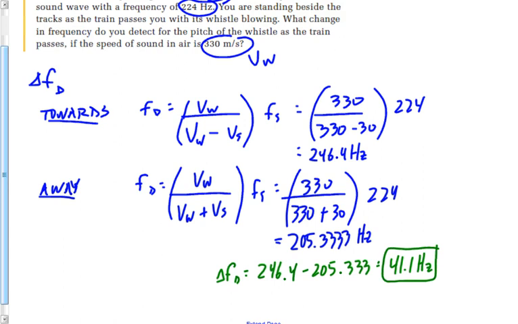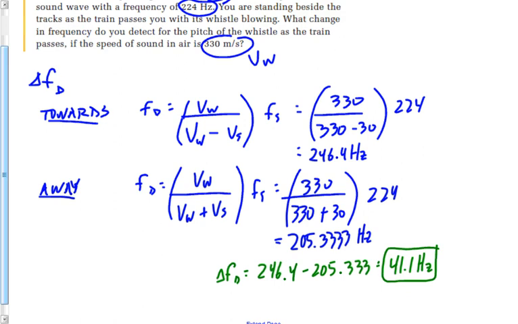Is that perceivable? Yes. Okay, you saw the video of the fire truck going by. The fire truck wasn't moving at 30 meters per second, yet you still clearly perceived the change in the apparent frequency as it went by you. This makes sense?